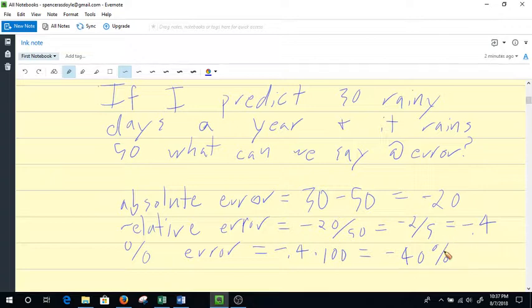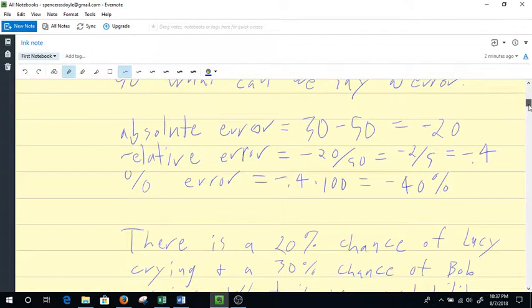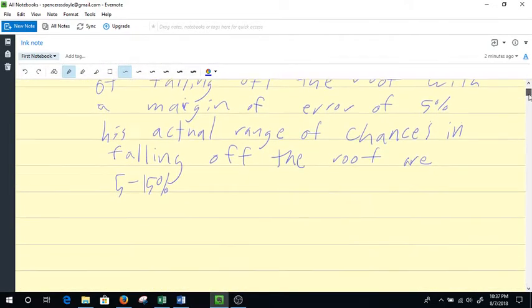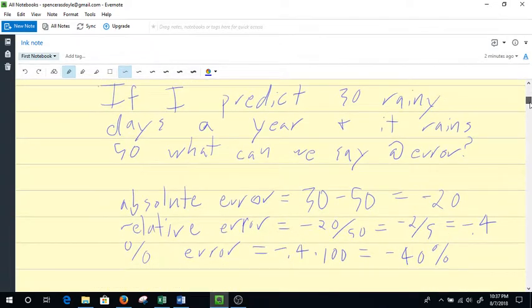So my percentage error was negative 40%, and that corresponds to an absolute error of negative 20. So these are relatively simple. I would just memorize what those terms actually mean and the formulas associated with these errors, and you should be good to go.